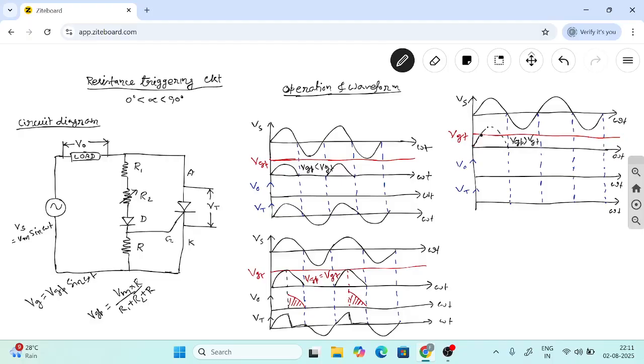So gate triggering voltage is reached at this angle, and SCR will be turned on here. Next again, SCR will be turned on here.